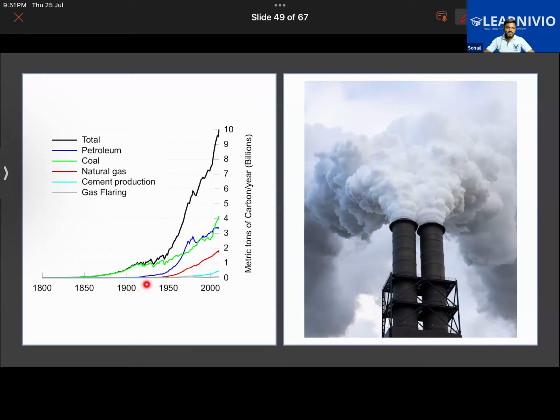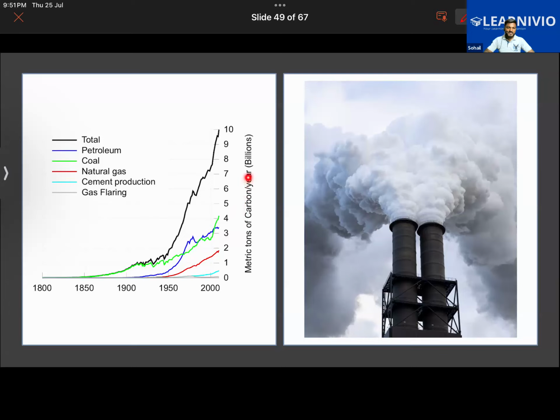Industries were running majorly on the burning of coal and petroleum. Due to this burning, carbon dioxide gas was being released. And how much was it being released? For example, in the year 2000, almost 3.5 metric tons of carbon was being released. Getting it?